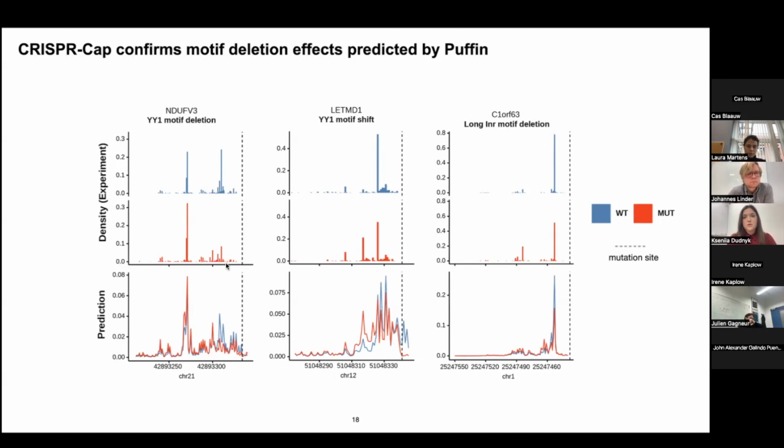Overall, we edited 16 promoters. For 11 promoters, we had high enough coverage to look at the results, and for all 11 promoters the prediction is consistent with what the experiments show. If we look at how the shape changes, it's all in agreement with the Puffin prediction.